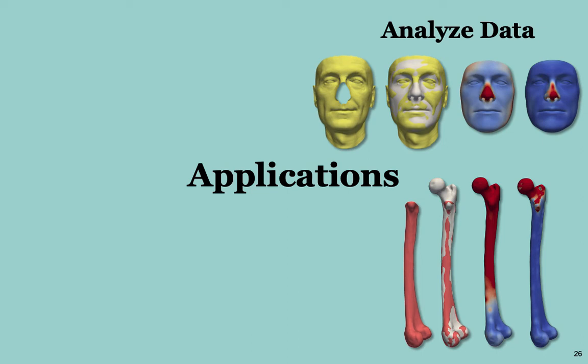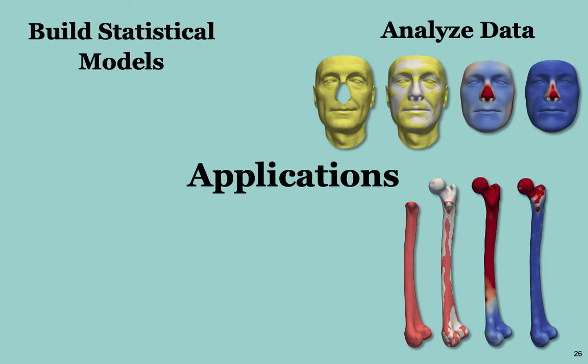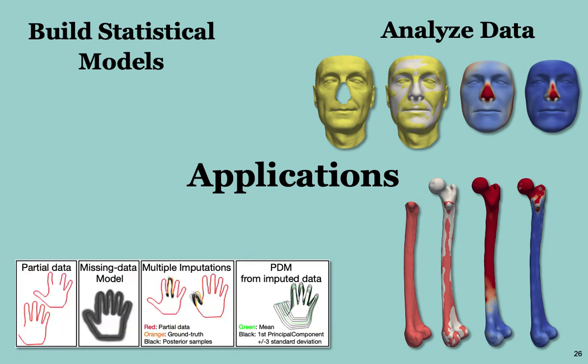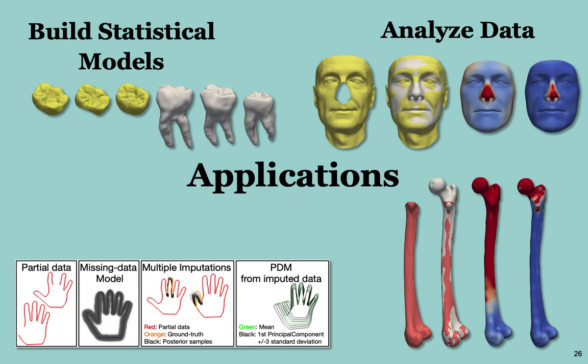Additionally, we also explored how statistical models can be built from different settings of partial data. We worked on statistical hand examples, how teeth datasets with different properties can be merged, or how a combined face-skull model can be constructed. So let us now look at how statistical models can be constructed from partial data.